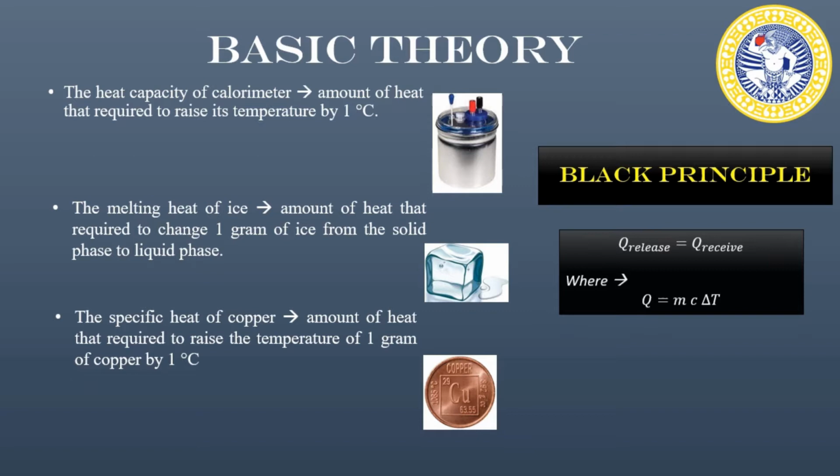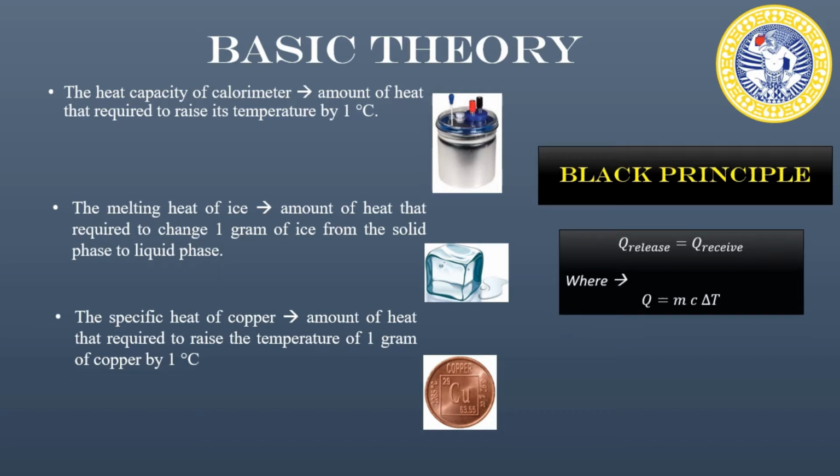We know that the specific heat is the amount of heat required to raise the temperature of 1 gram of substance by 1 degree. So we can say that the heat capacity of the calorimeter is the amount of heat required to raise its temperature by 1 degree Celsius.